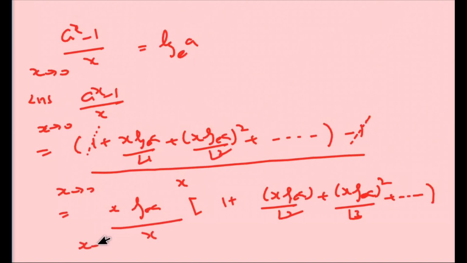Here x tends towards 0, x cancels out, and now it is a defined function. Putting the value x equals 0 here, all these terms are 0 except this one, so 1 plus 0 plus 0 plus 0 equals 1.